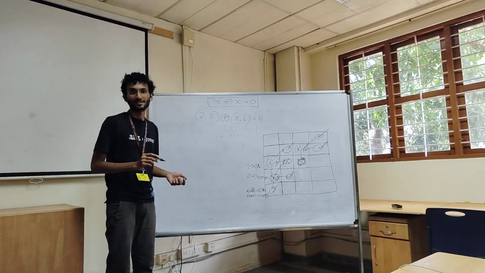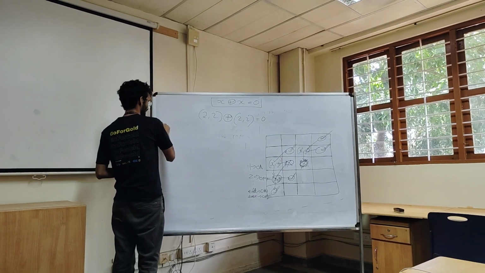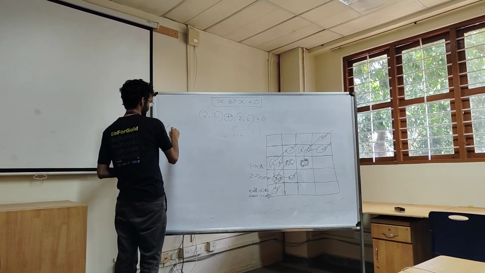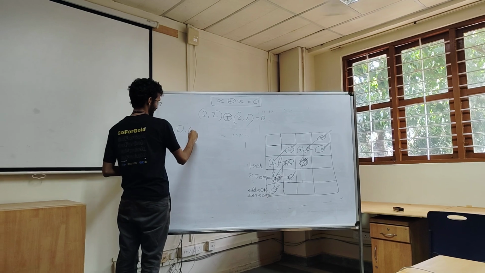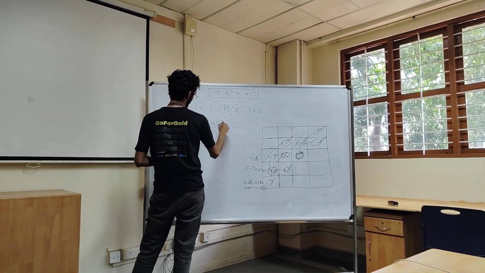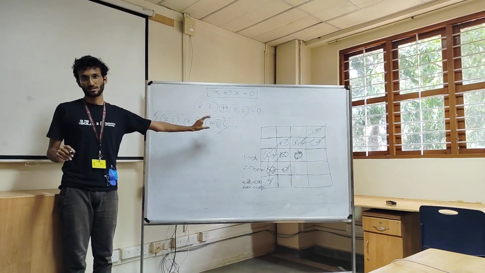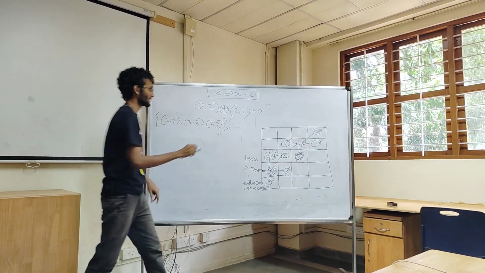Right. Now let's say I have a set of numbers like 2, 2, 3, 3, and 2, 2 again. If I XOR each of these elements in this vector, what will be the final result?